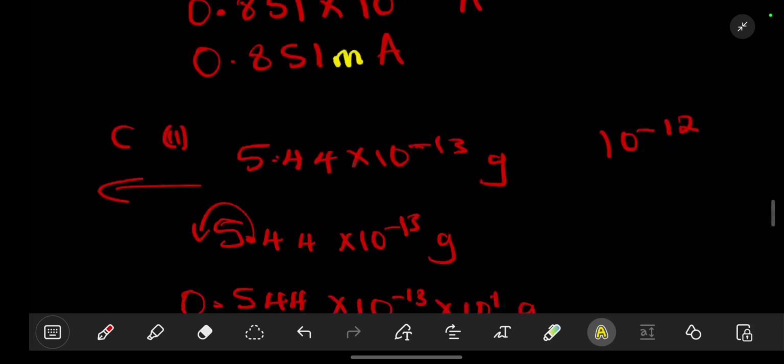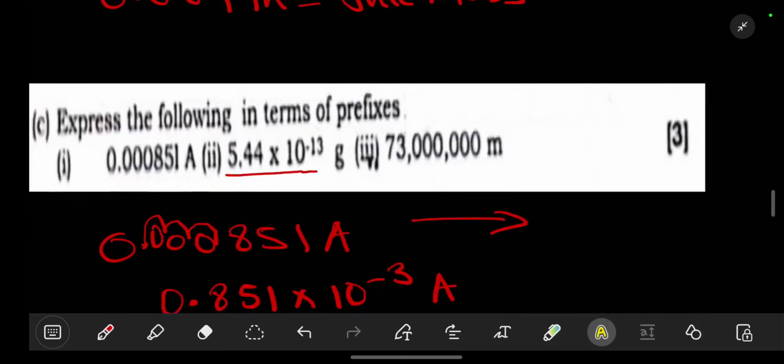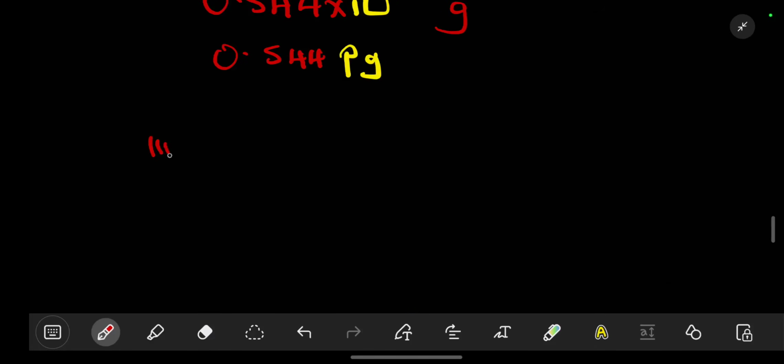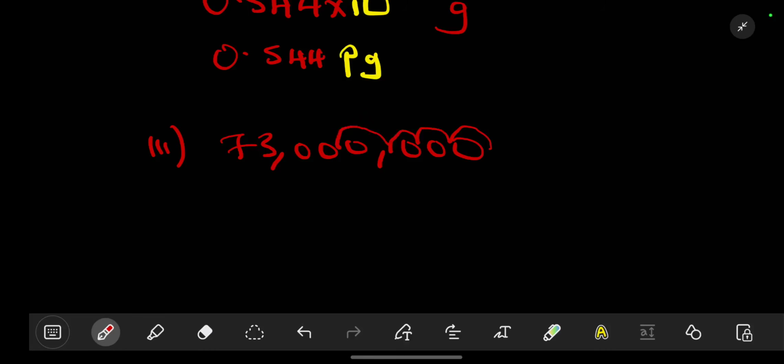So moving on to this other one, we have 73 million. So we are going to write our 73 million like that. Let's move closer to the number there. We have 1, 2, 3, 4, 5, 6, and this is the meter.